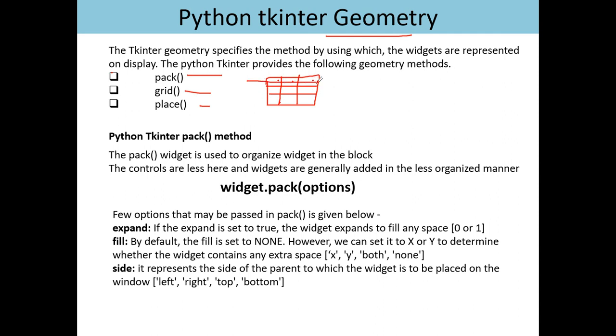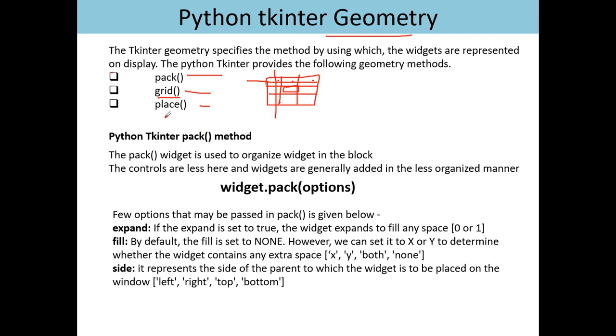This is your 0th row, this is your 0th column. For each and every component you have to specify the row and column indexes separately for grid. If there is a label you have to place here, you have to specify the row and column index with that particular component. So that is the grid.